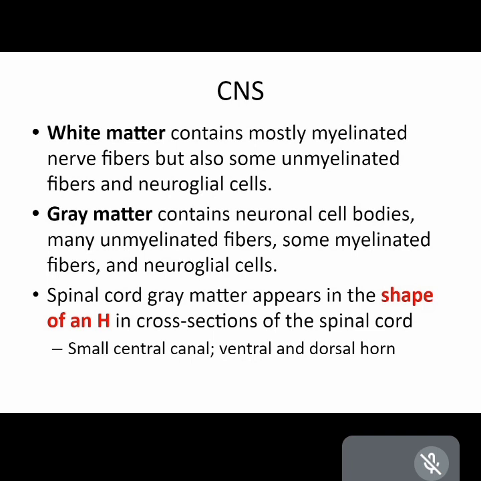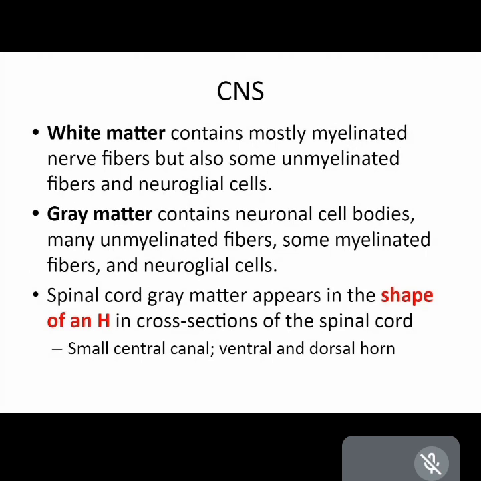CNS white matter contains mostly myelinated nerve fibers, but also some unmyelinated fibers and neuroglial cells. The gray matter contains the neuronal cell bodies, many unmyelinated fibers, and some myelinated fibers and neuroglial cells.